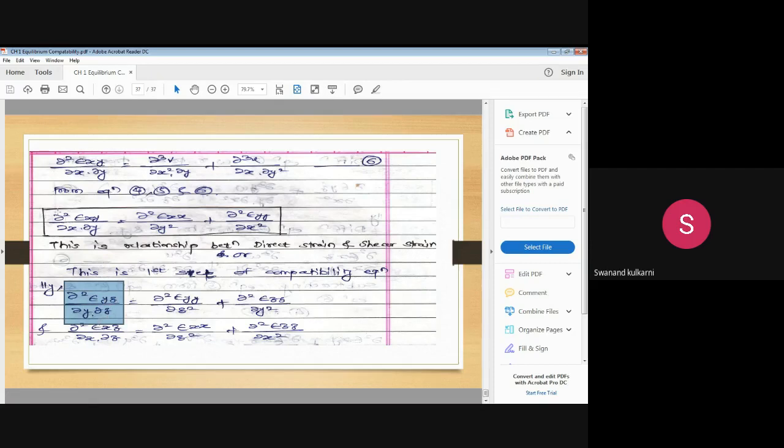Similarly, whatever equation we derived as the compatibility equation of strain by considering two variables, x and y direction, now the same concept we are going to apply by considering two variables, out of which one will be y and another will be z. So this relation was along xy, and this relation is along yz.